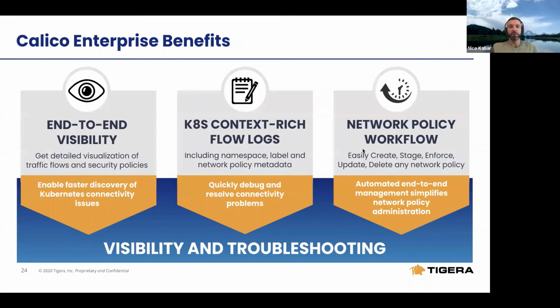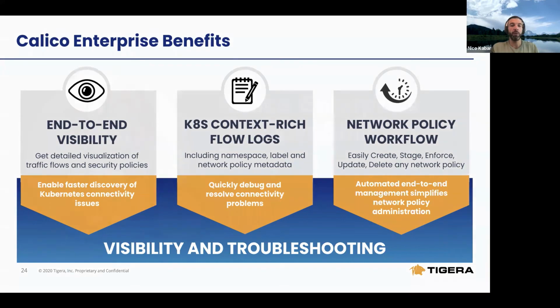To summarize the capabilities, Calico Enterprise provides end-to-end visibility to your workloads running on OpenShift. We provide Kubernetes and context-rich flow logs that you can use for real-time analysis, or go back in time to fully understand and report on certain events or incidents, as well as network policy workflows to help mitigate issues and avoid them at all costs.